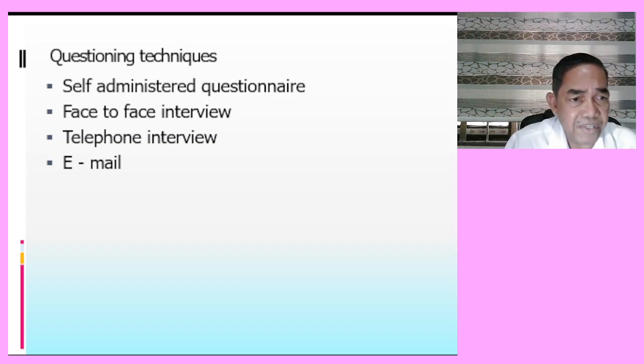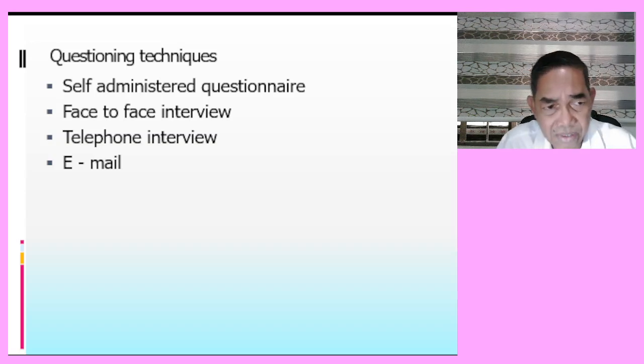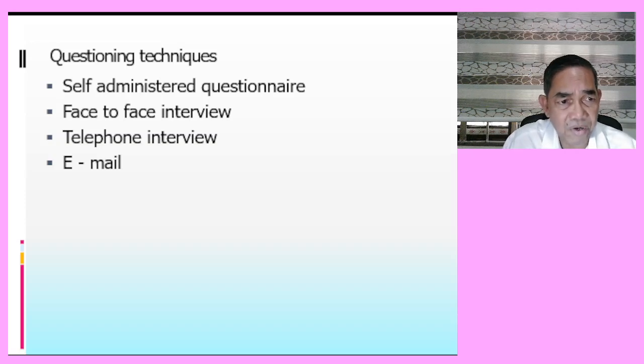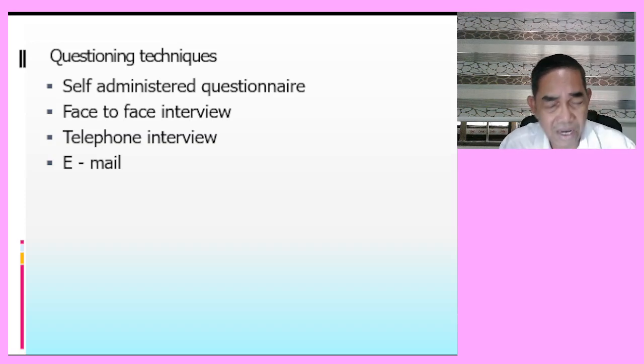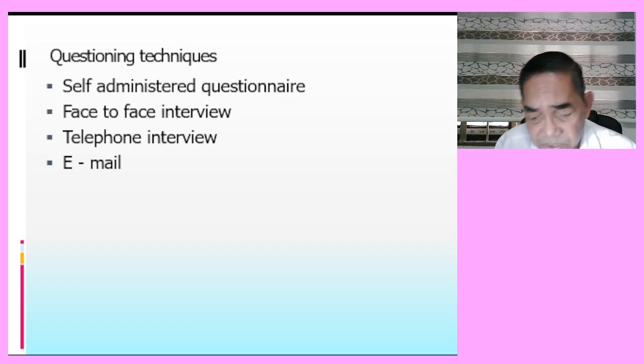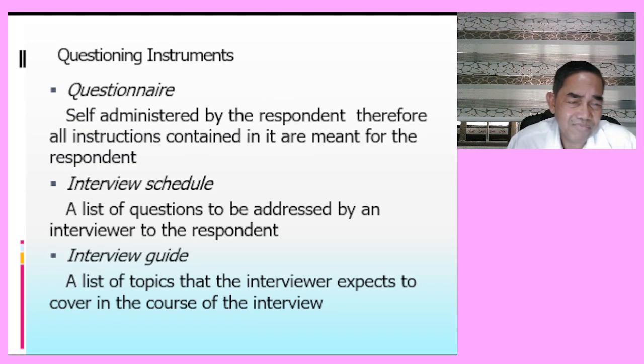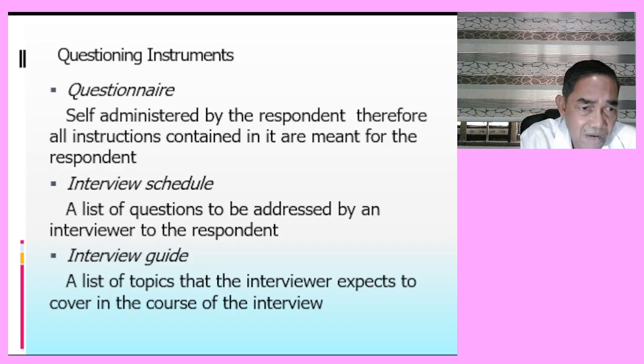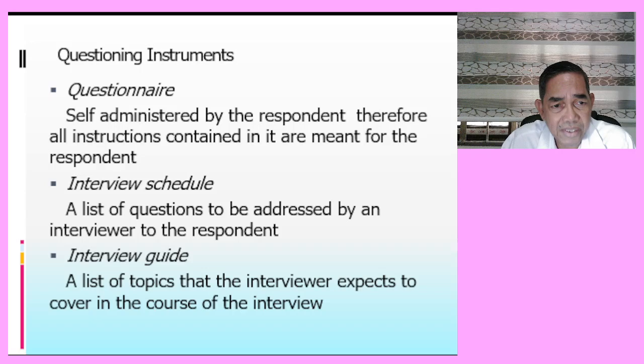We talk of the different types of questioning techniques, whether it is a self-administered questionnaire, or a face-to-face interview, or a telephone interview, or online or using emails. Now, questioning instruments, we have the questionnaire. This is self-administered by the respondent.